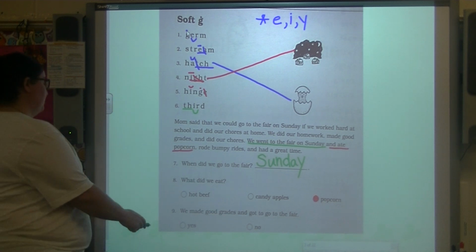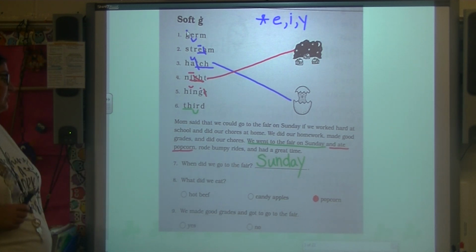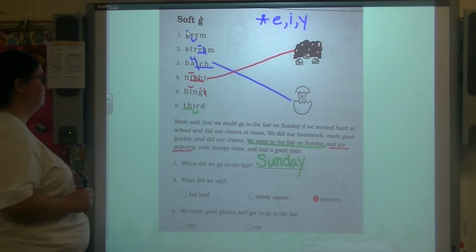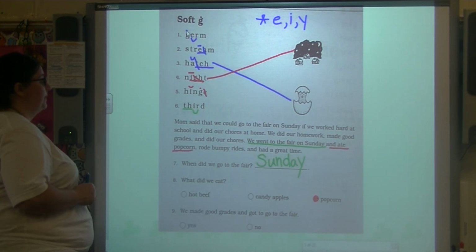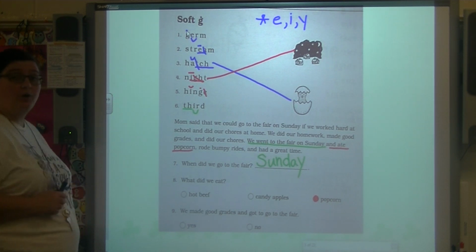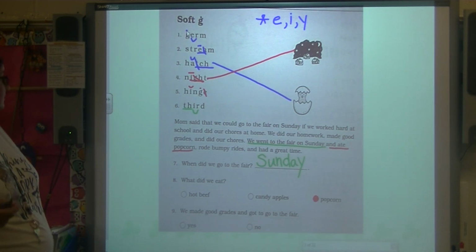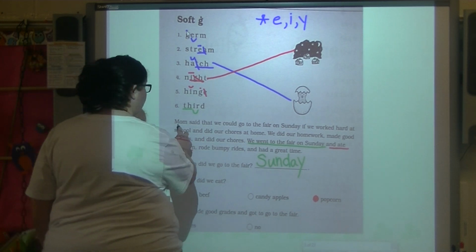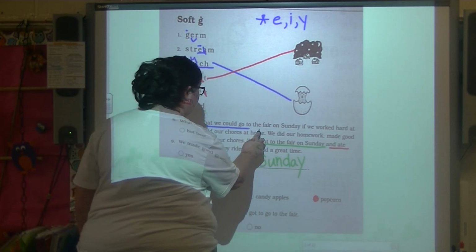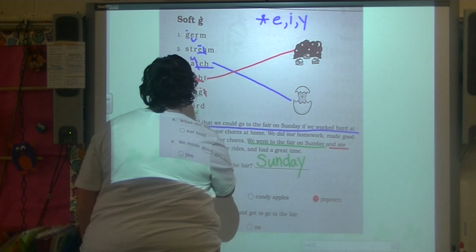All right, the next one, number 9, we made good grades and got to go to the fair. All right, so yes or no. We have to infer a little bit. It says, Mom said we could go to the fair on Sunday if we worked hard at school.